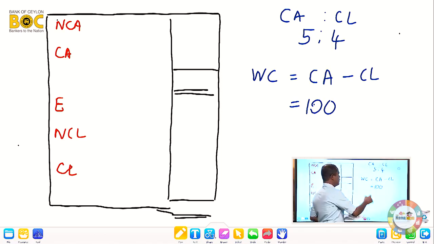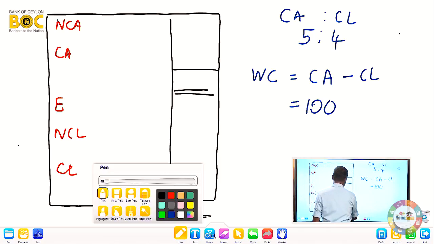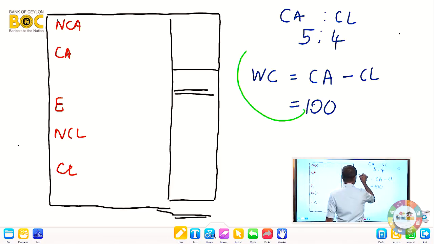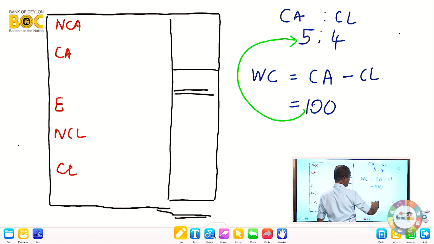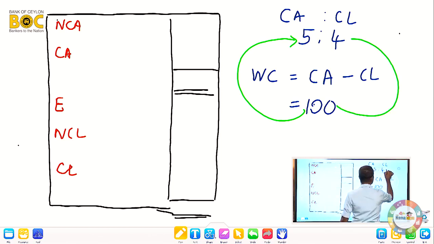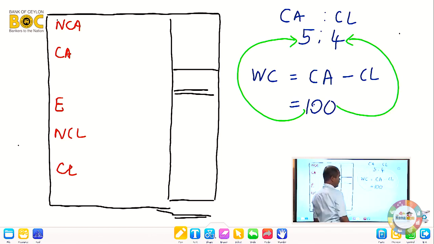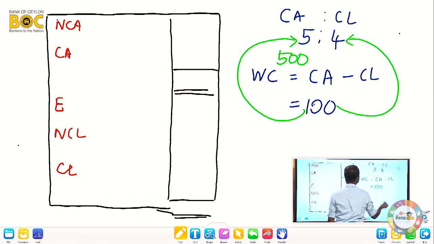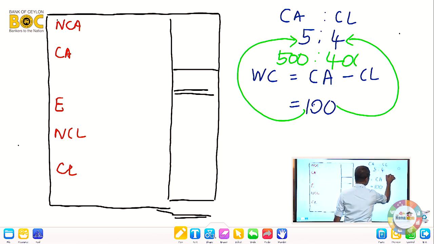So you can calculate the values now. 100 into 5 times current assets is 500. 100 into 4 times current liabilities is 400.